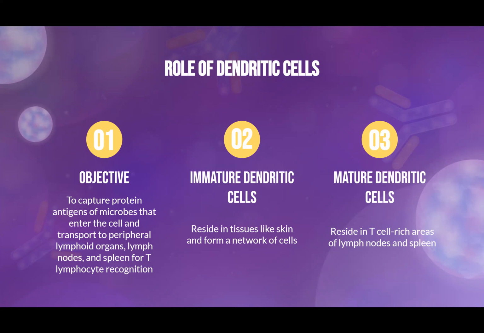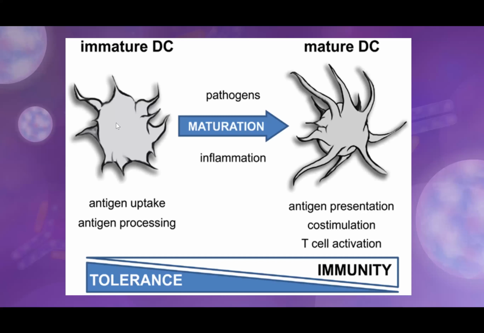The immature dendritic cells will reside in tissues like skin and form a network of cells. And the mature dendritic cells will be found in T cell rich areas of lymph nodes and the spleen. Here you can see the immature dendritic cells undergo maturation to become mature dendritic cells.